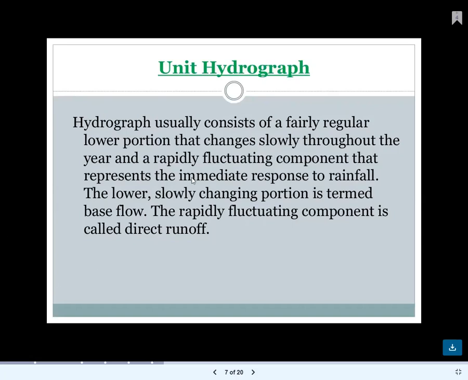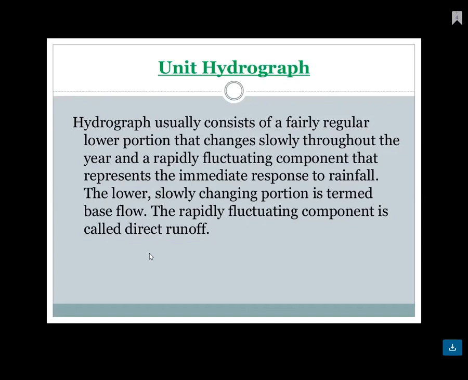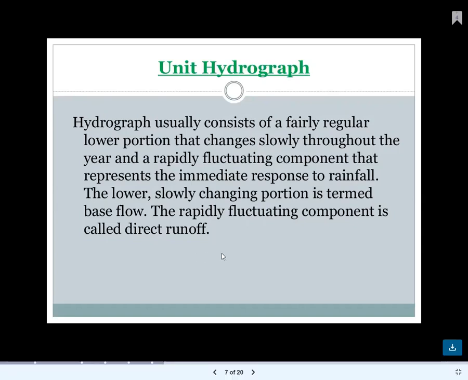Okay, and the direct runoff, as we know, when rainfall occurs, is by percolating water in a quantity of moisture. After that, whatever runoff flows on the earth surface is called a direct runoff.